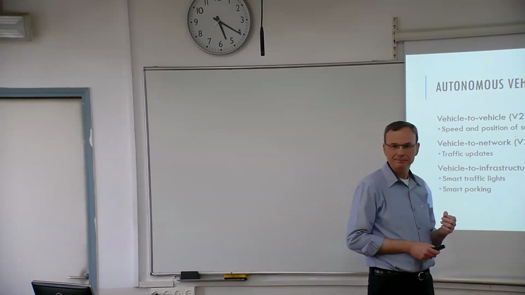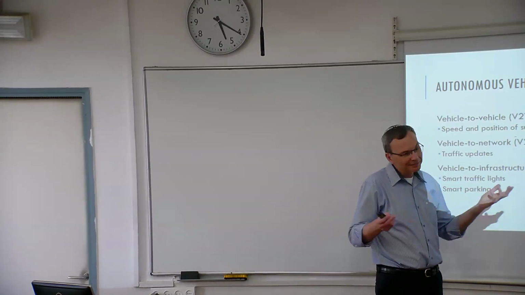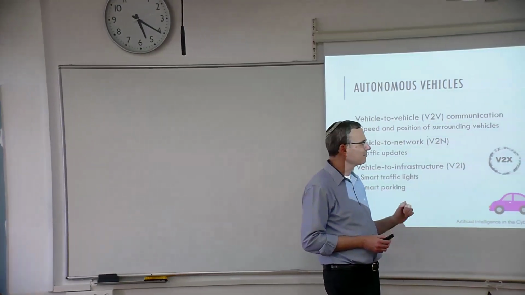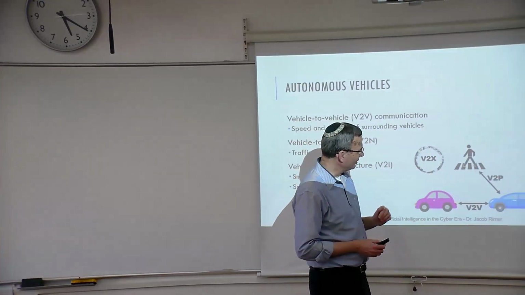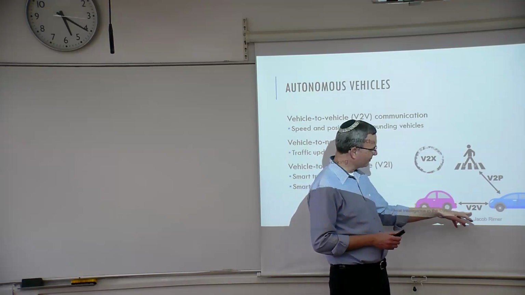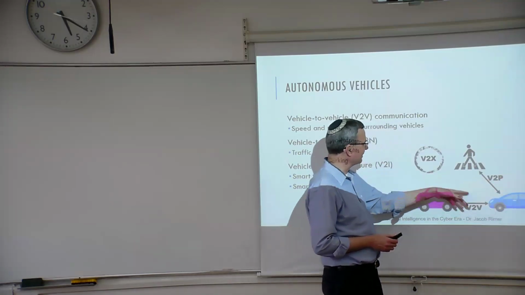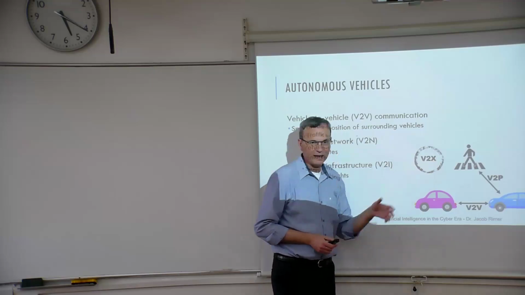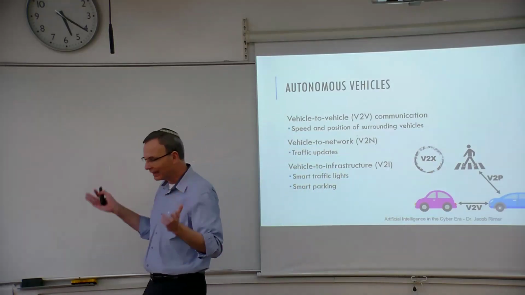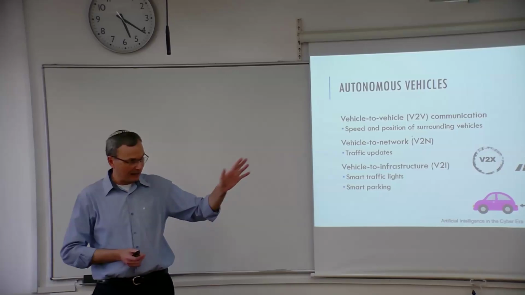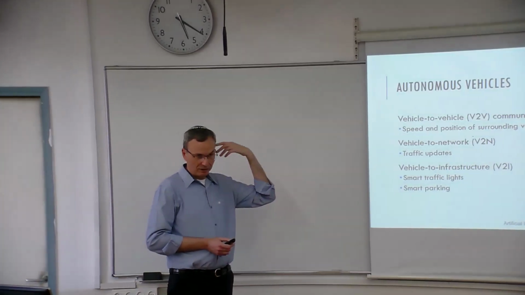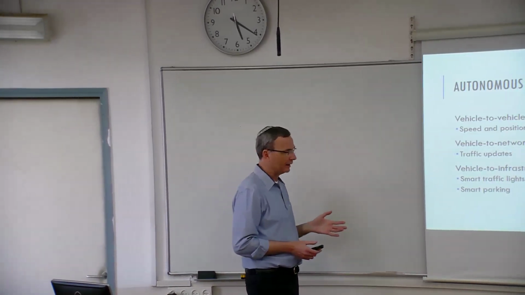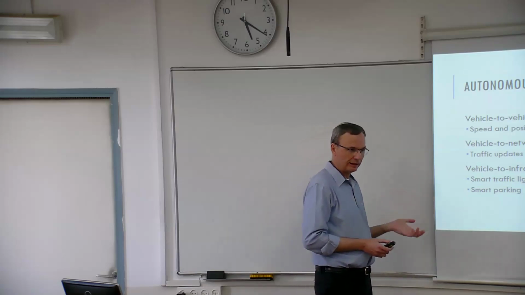Chip? Hmm, the chip. Maybe, but for now we speak about phones. So there are buzzwords, as you can see, V2V, V2P, etc. So there's a new buzzword, V2X, meaning vehicle to everything. So this is the vision, and we are going to be there. But there are many, many obstacles on the way.